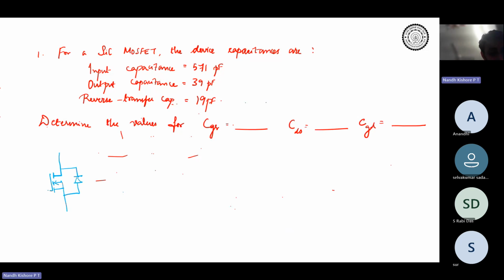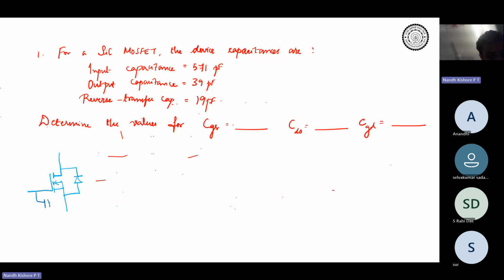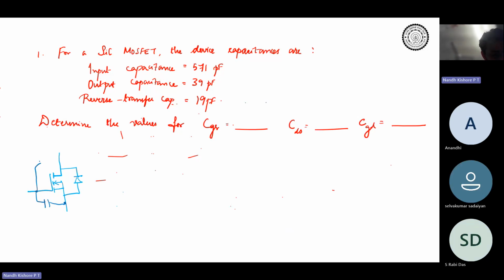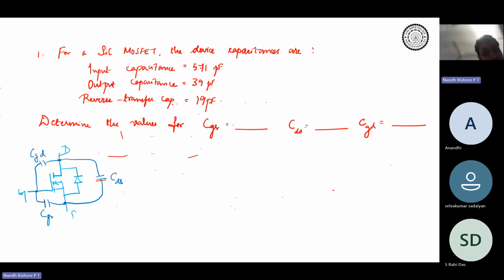It can be represented like this: this is your CDS, this is your CGD, and this is your CGS. This is your gate, drain, and then source.